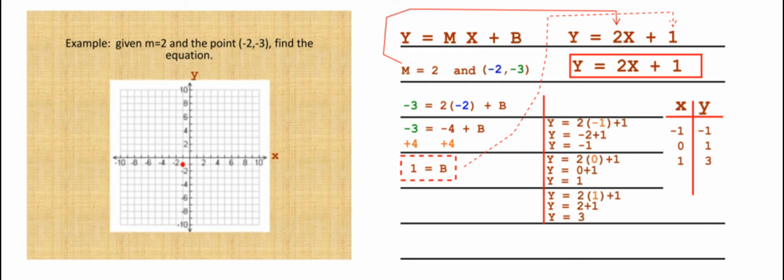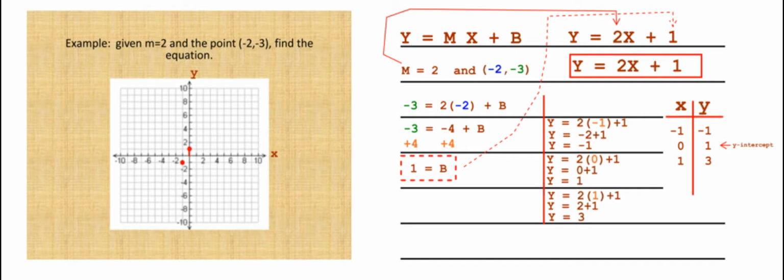Okay, so let's go for the next one. When x is 0, and y is 1. Well, keep in mind, that's what we call the y-intercept because it has an x value of 0. So, our y-intercept. And let's plot it. So there is our y-intercept. It's on the y-axis.